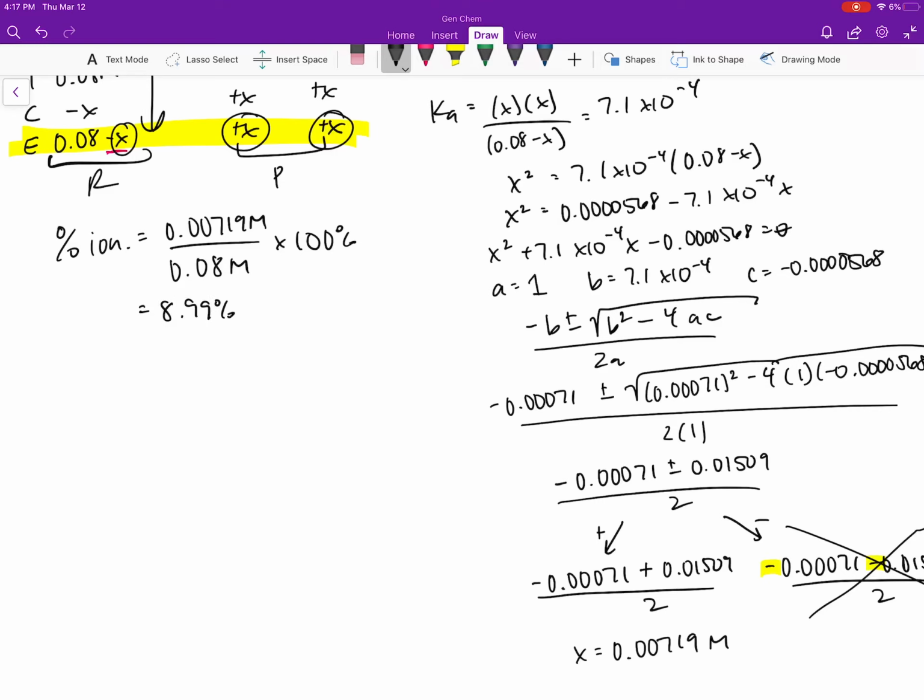The value you should get is 8.99%, which tells me that 8.99% of all the hydrofluoric acid in solution dissociates into fluoride and hydronium ions, whereas the other 91.01% stays together as hydrofluoric acid and does not dissociate. So we can see that it's incomplete ionization, which we would expect because it's a weak acid, and we said that they do not fully dissociate 100%. It's going to be less than 100%.